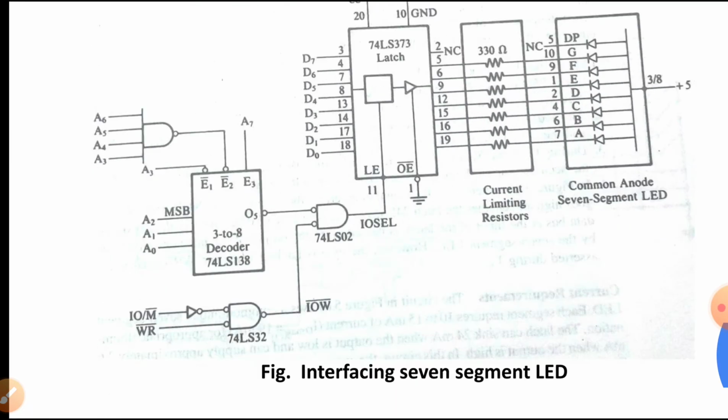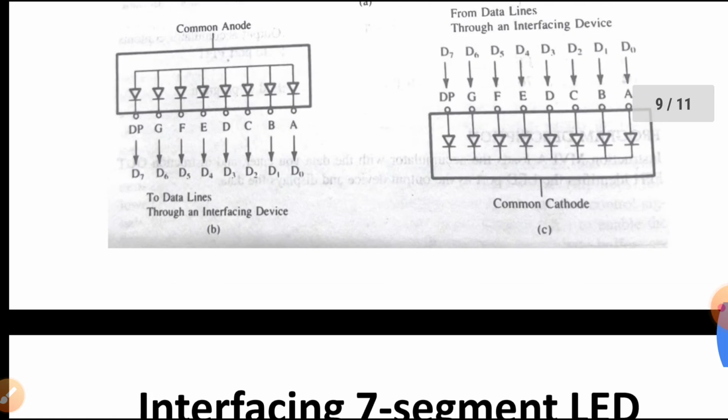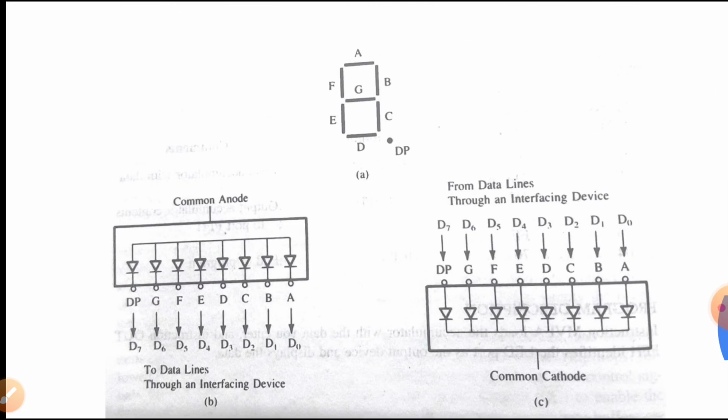The bit pattern of that will be equal to 78, because suppose D0 is connected with A, so D0 is 0, D1 is 0 and D2 is 0 and the rest of the bits are 1. So it means it is equal to 78.